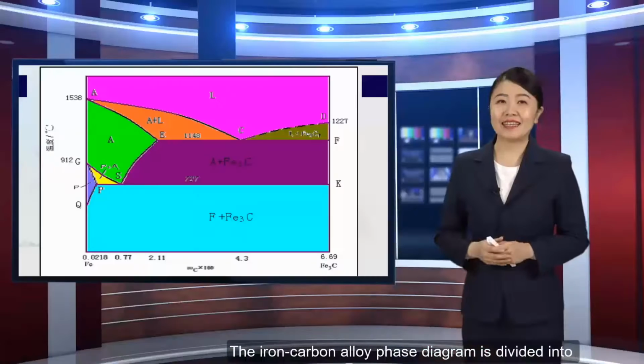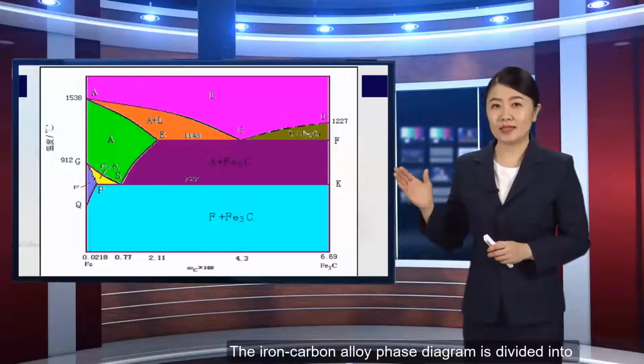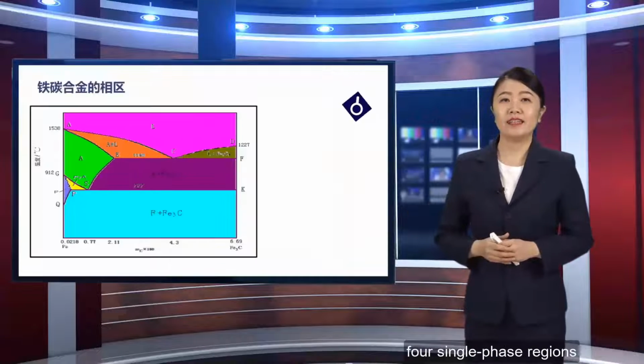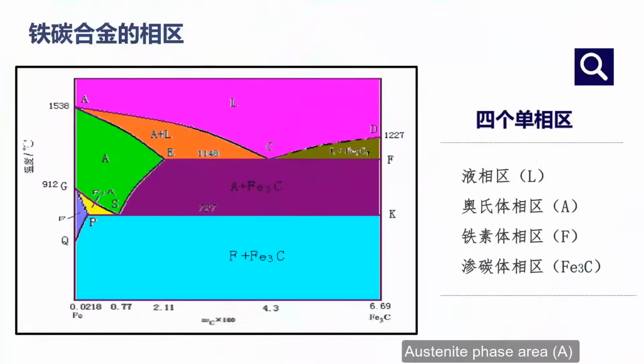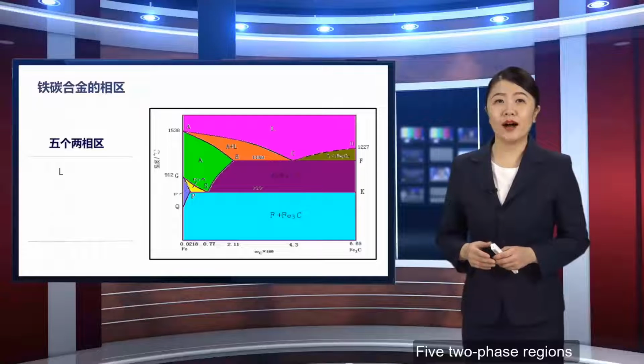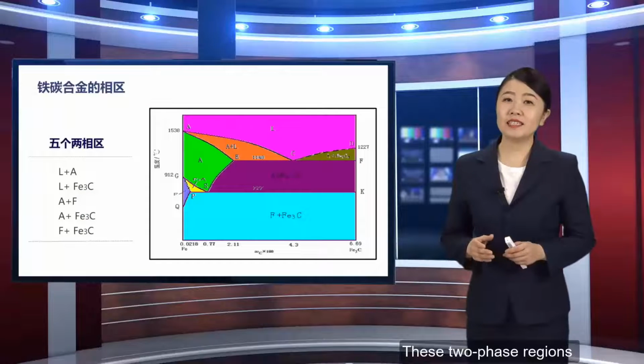Phases. The iron-carbon alloy phase diagram is divided into 4 single-phase regions: liquid phase area, L; austenite phase area, A; ferrite phase area, F; cementite phase area, Fe3C. There are 5 two-phase regions.